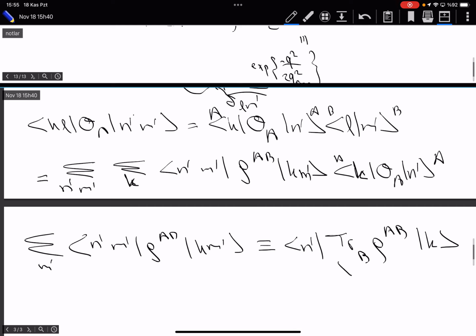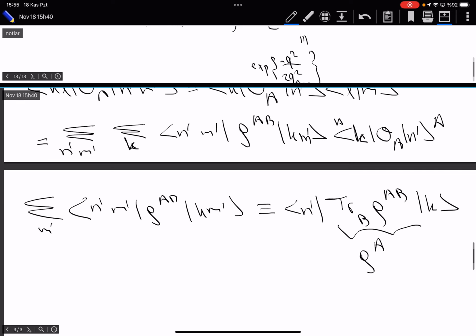Now this is what I will call rho A. But keep in mind that this trace over B of rho AB is actually summed over m prime.